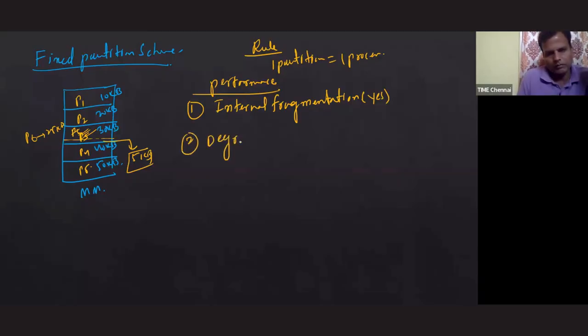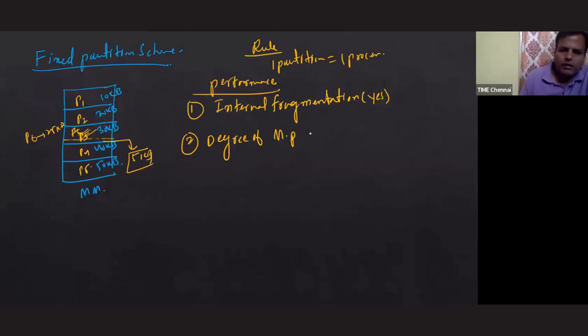Next one, degree of multi-programming. Is it limited by the number of partitions or is it unlimited? Yes, it is limited by the number of partitions. See here, how many partitions are there, sir? 5 partitions are there. So you cannot keep more than 5 processes inside the main memory.